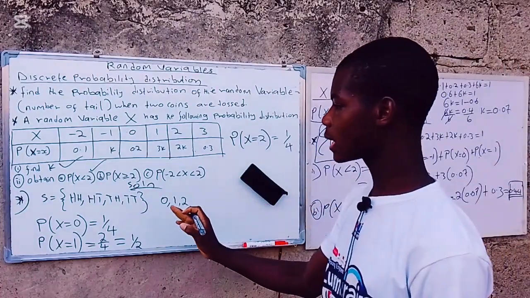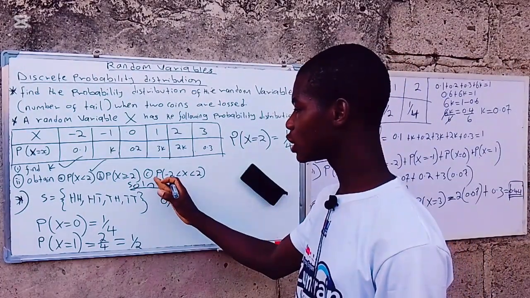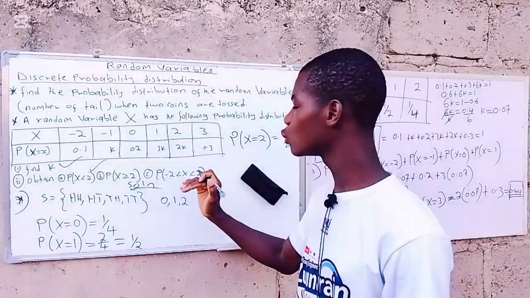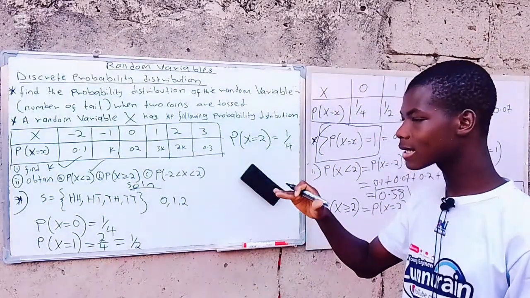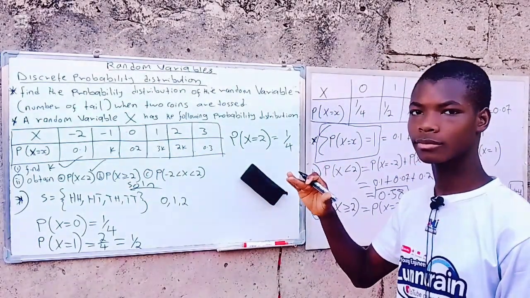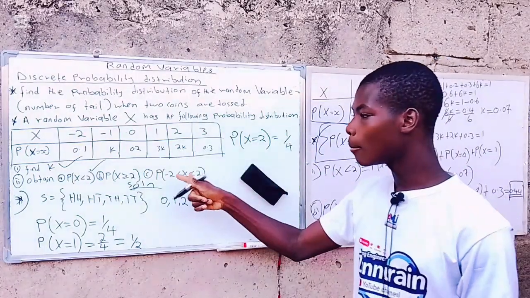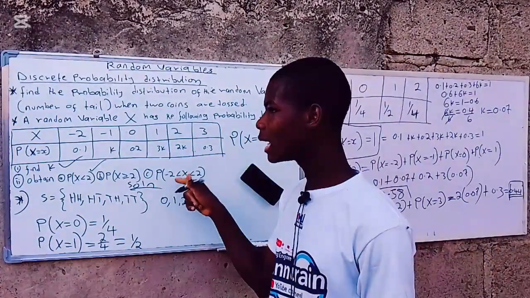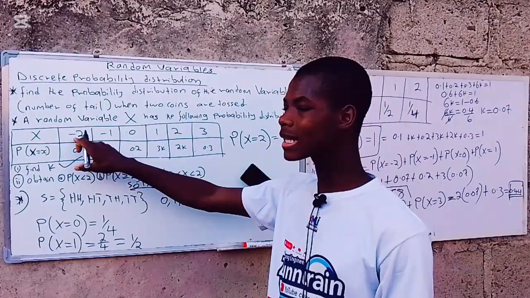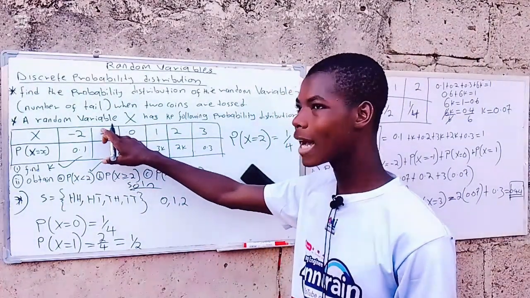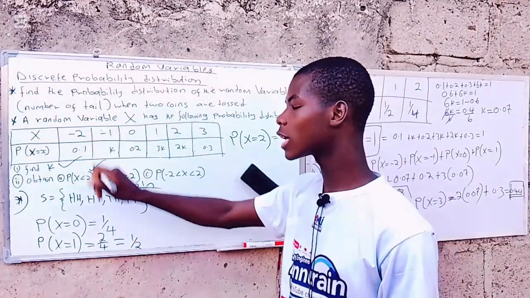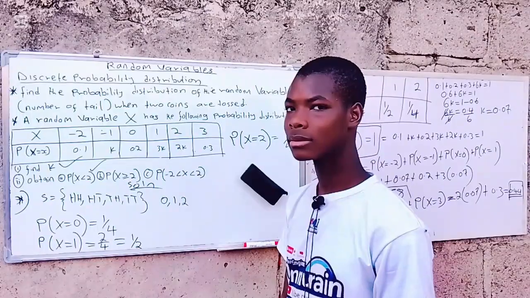So I have to get this question. The next question is the probability of -2 less than x less than 2. So you have to take a look at this. What number is greater than -2? Which is -1. So therefore I'm going to start from -1.